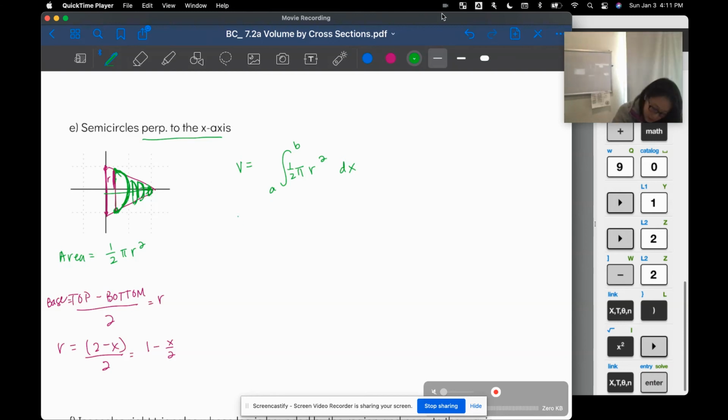I am going to pull out the 1/2 pi to the front. We are integrating from x equals 0 to x equals 2. The radius is equal to 1 minus x over 2, and then I need to square the radius, dx. Plug that into the calculator, and I get 1.047.